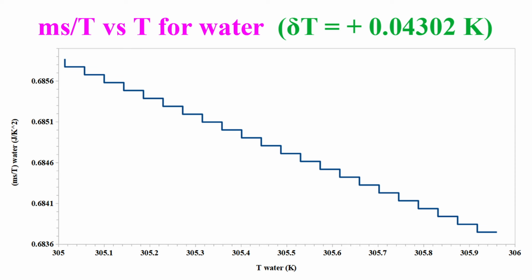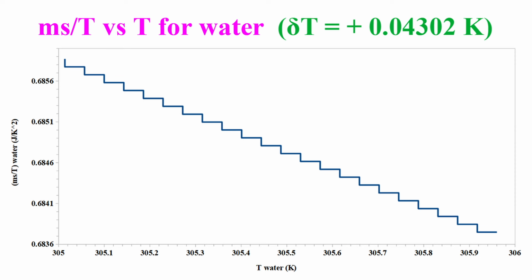A graph is then drawn between ms over T on the y-axis and T on the x-axis for water. The idea here is to see the individual steps involved in the graph, but due to the smallness of the delta value, it is hard to see the individual steps if the full temperature range is included on the x-axis.